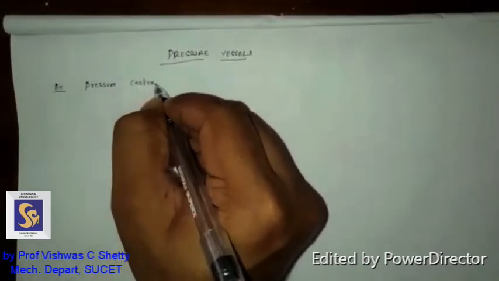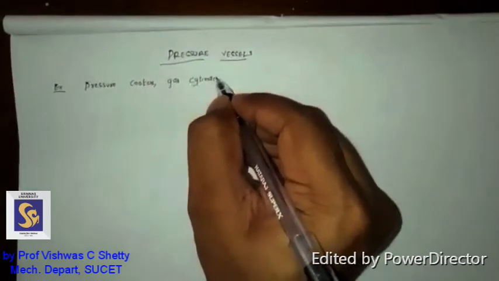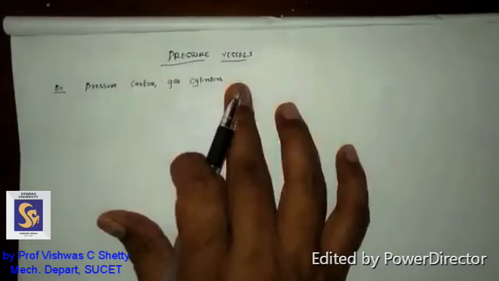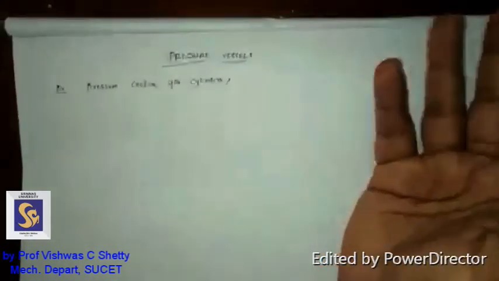Very good. Cylinders, gas cylinders also. So examples: pressure cookers, gas cylinders. These are domestic. There are also industrial types of pressure vessels like boilers.